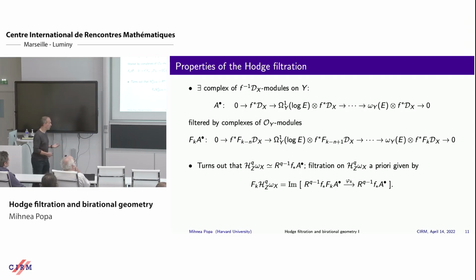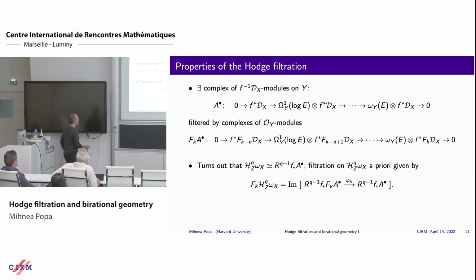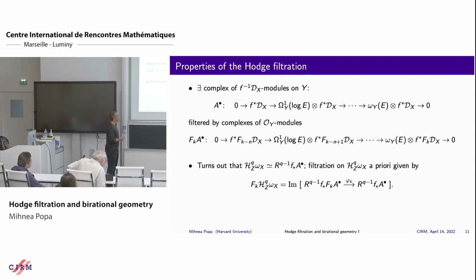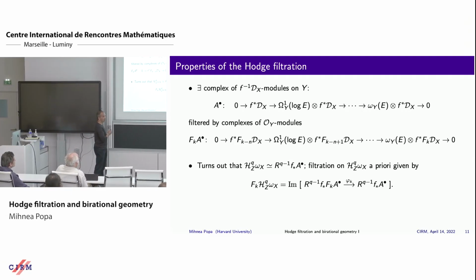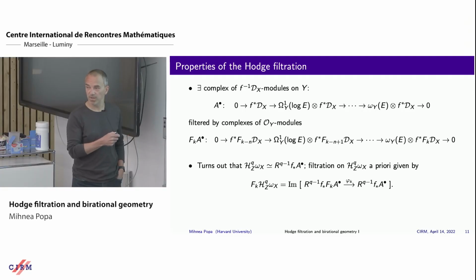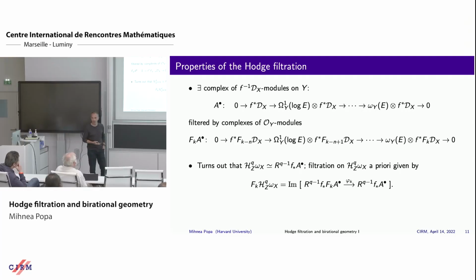The Hodge filtration on local cohomology is given by the image of the push forward of this subcomplex inside the total push forward. There's an inclusion between these complexes, which means there's a map between the direct images, not necessarily injective. So a priori we have to take the image of this map, and this turns out to be the Hodge filtration.